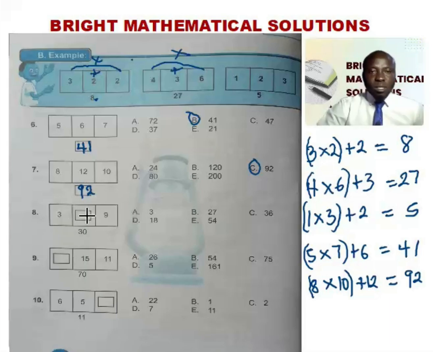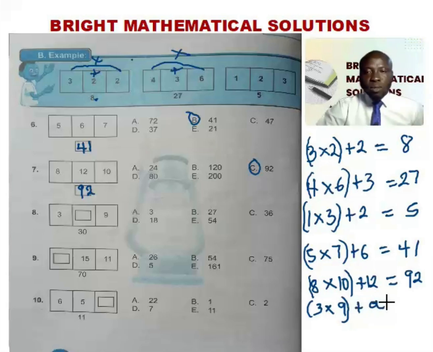Now let us look at the third one. What is missing here is the one in the middle. Let us follow this expression to solve for it. We have 3. Remember, we are multiplying the first and the third. That is 3 multiplied by 9 plus the unknown. Let our unknown be A, equals 30. Now, 3 multiplied by 9 gives us 27. 27 plus A equals 30.